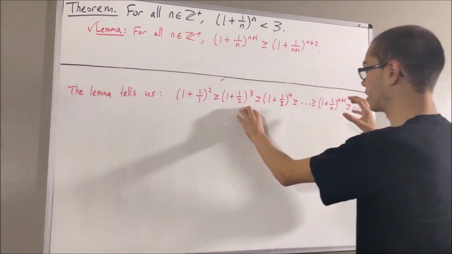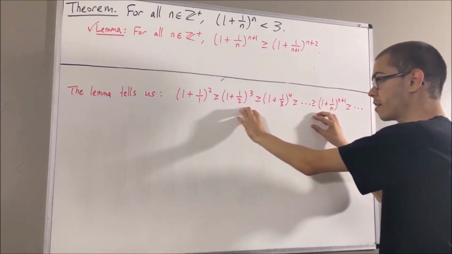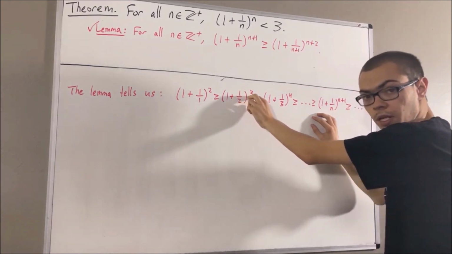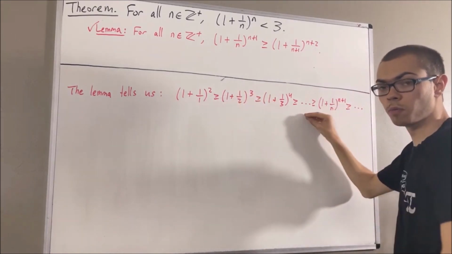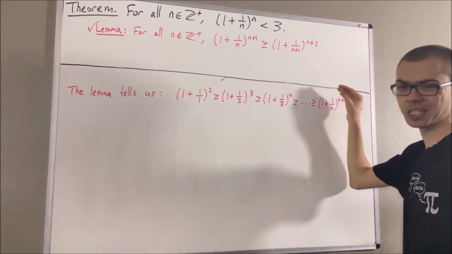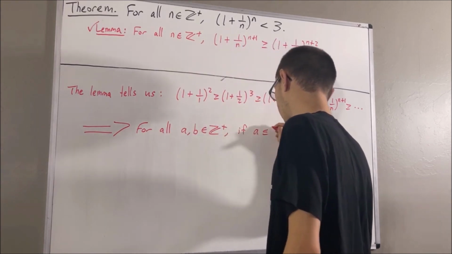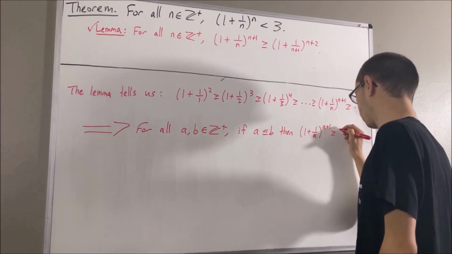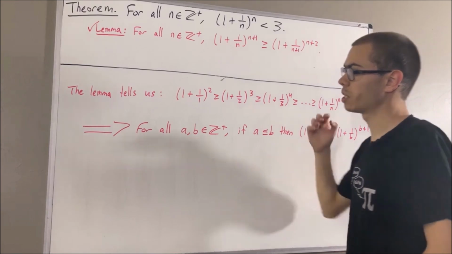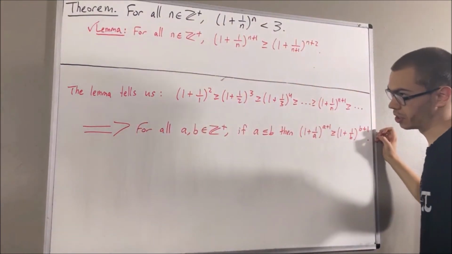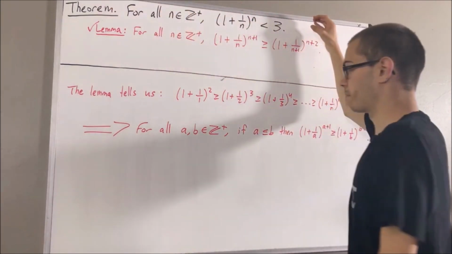If a is less than or equal to b, then 1 plus 1 over a to the power of a plus 1 is greater than or equal to 1 plus 1 over b to the power of b plus 1. And so I said we were proving this lemma, but this is what we're actually going to be using in the proof of this theorem.